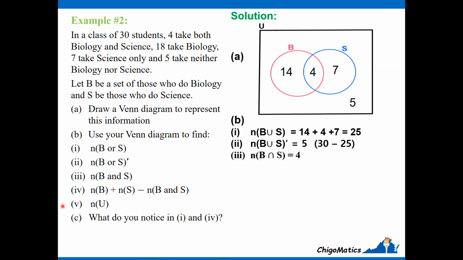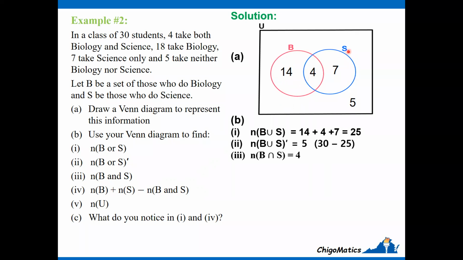Then Roman figure 4, number of those who do biology and those who do science, and then you remove those that do both biology and science. That is all what it means. So let us do that. Those who do biology, if you go to the red circle, they are 18.